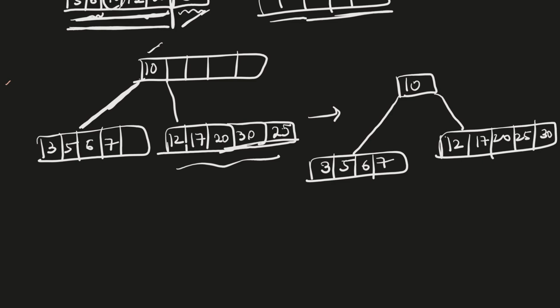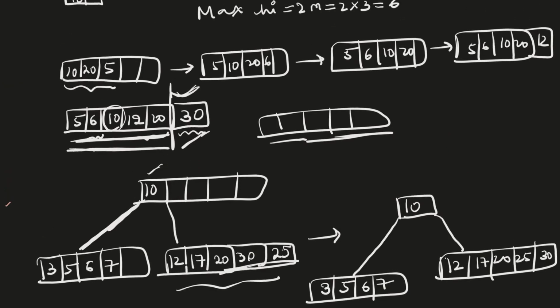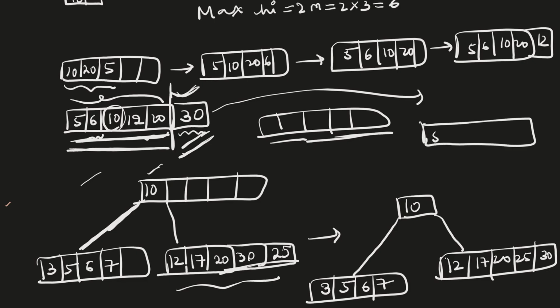Remember, when you split a node, you should only consider the first maximum keys part. Don't include this one. But the one thing you should remember is you need to split it after you sort them. See, suppose in this case, I have to insert an element 7. Then I'll first sort them, 5, 6, 7, and then comes 10, 12 and 20.